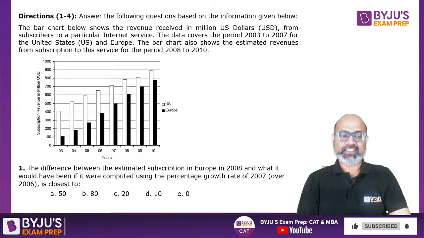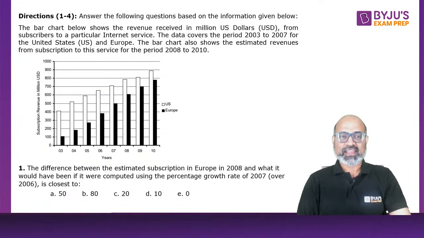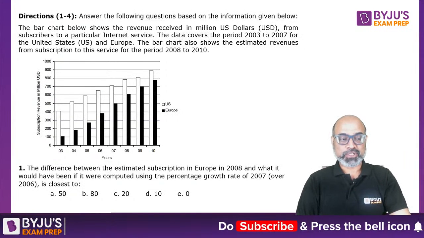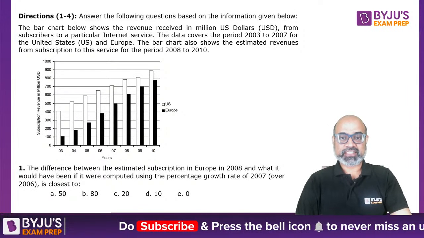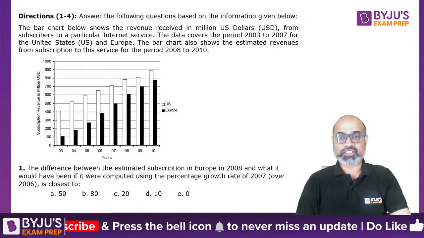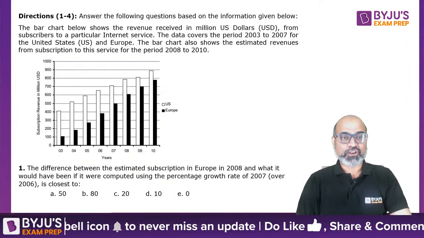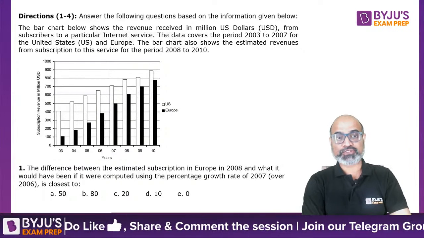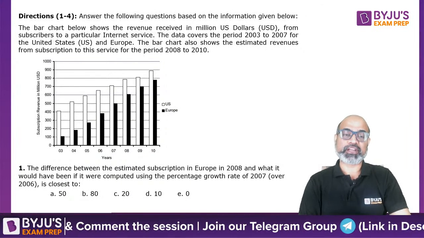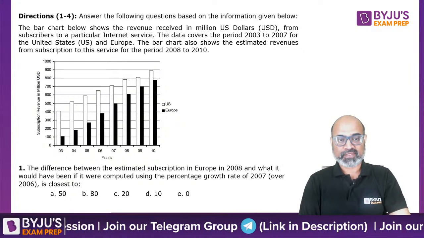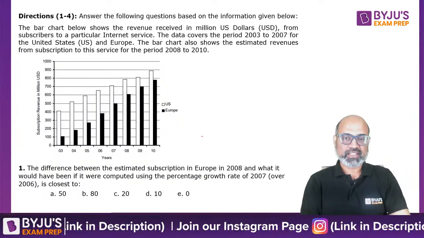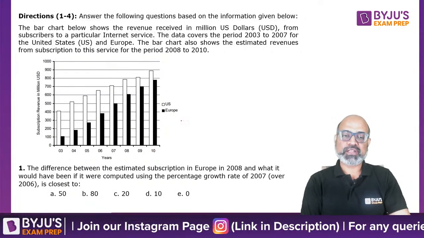So this is the first set that we have. The bar chart below shows the revenue received in millions US dollars from subscribers to a particular internet service. The data covers the period 2003 to 2007 for the United States and Europe. The bar chart also shows the estimated revenues from subscription to this service for the period 2008 to 2010. So we have the bar graph, we are given the years, and subscription revenue in million US dollars.